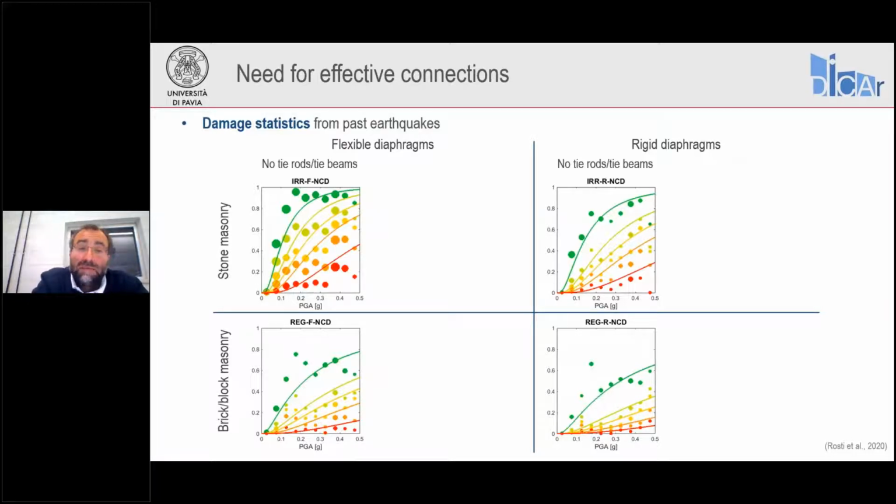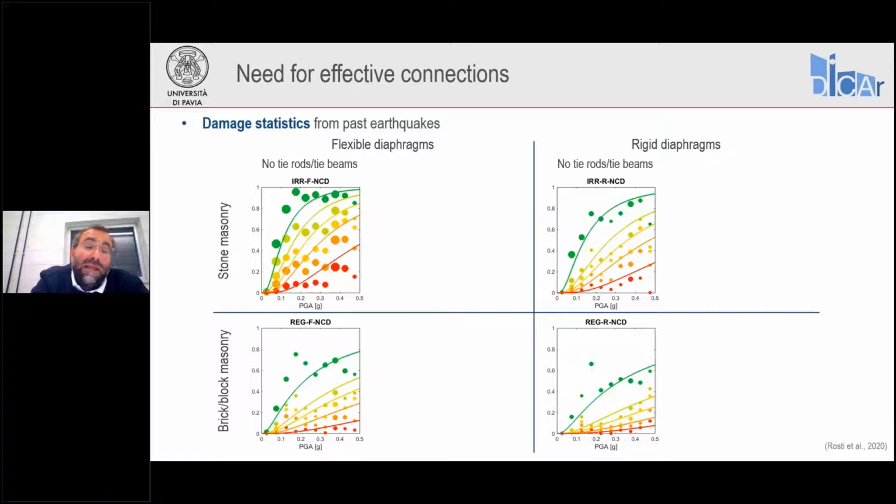And then we have on the left the cases of flexible diaphragms, on the right the case of rigid diaphragms. Now, each curve, each color is associated with a certain limit state. It could be serviceability limit states, green color, all the way to ultimate limit states with a red color. Basically, steeper curves are associated with a higher risk.